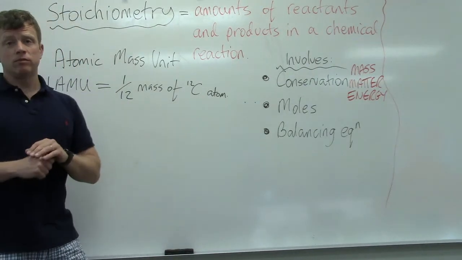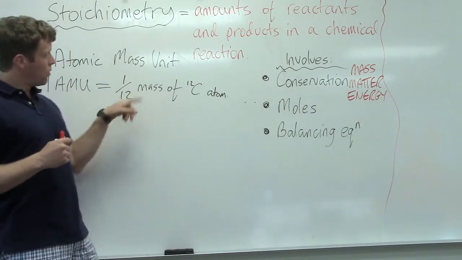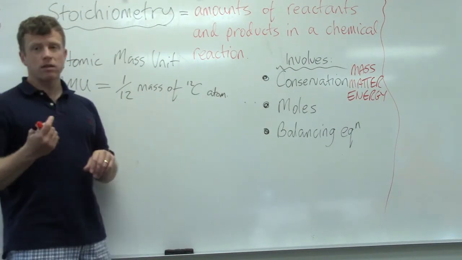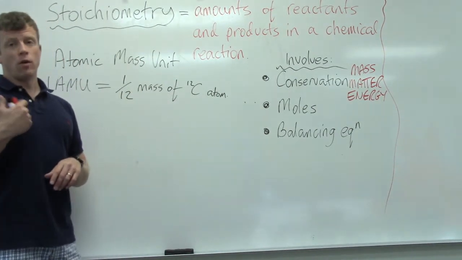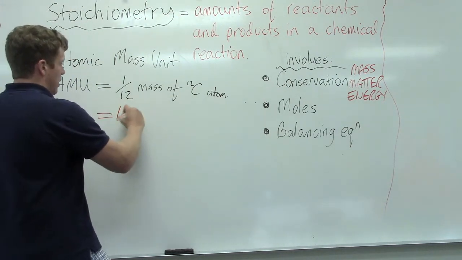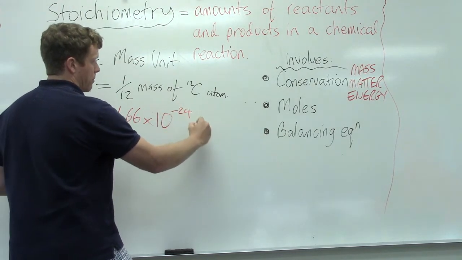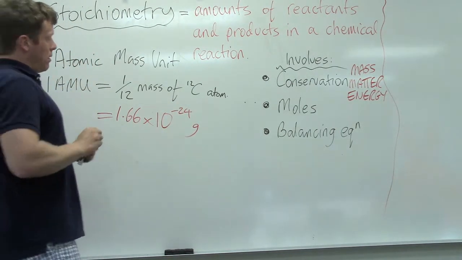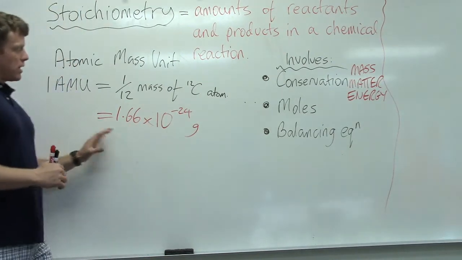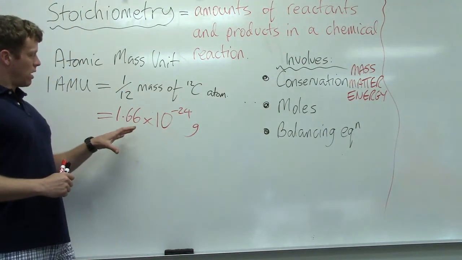And if you think about what carbon atoms are made up of, electrons, protons, and neutrons, 1/12 of the mass would be about the mass of one proton, or the mass of one neutron. And that has a special value, and it's 1.66 times 10 to the negative 24 grams. Obviously, this has been measured. This isn't just some theoretical idea.